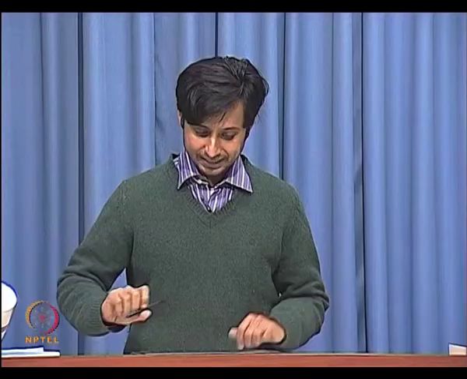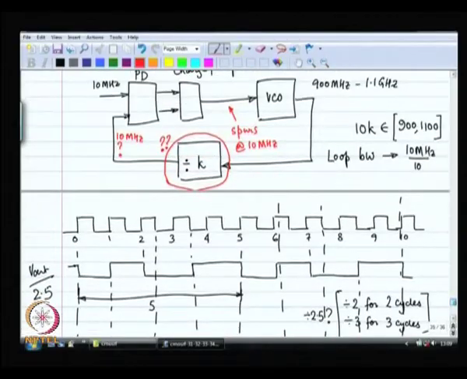This is basically the strategy I am going to follow, right. We now have a technique to do this division. Next question is, what does this mean as far as the spurs are concerned?